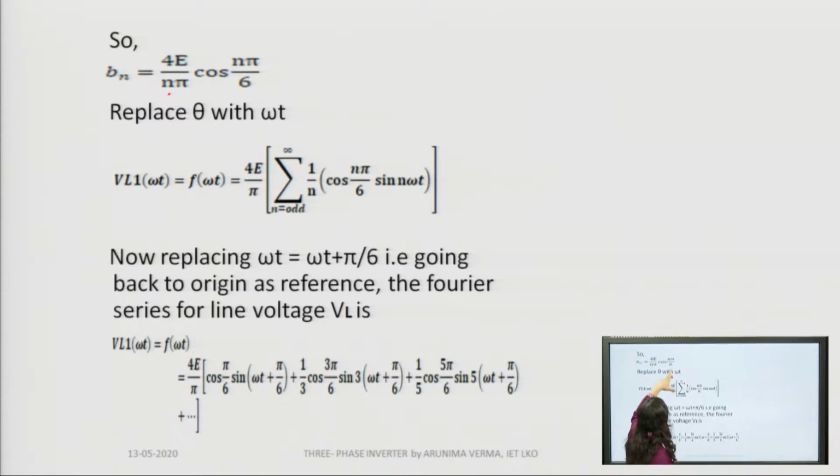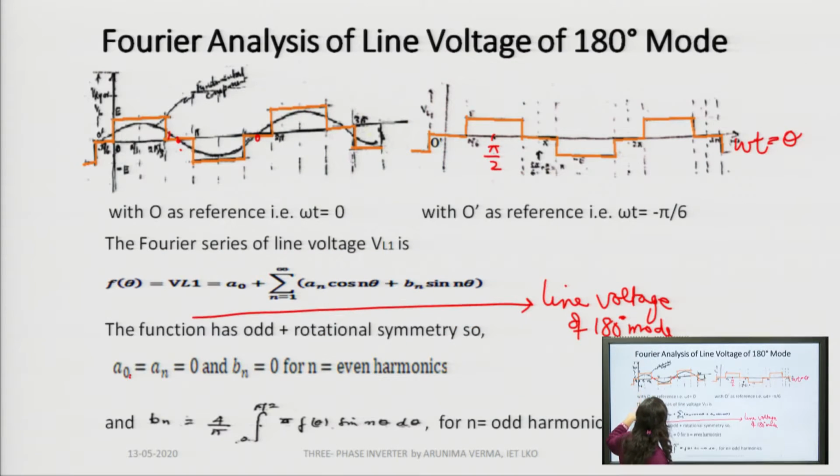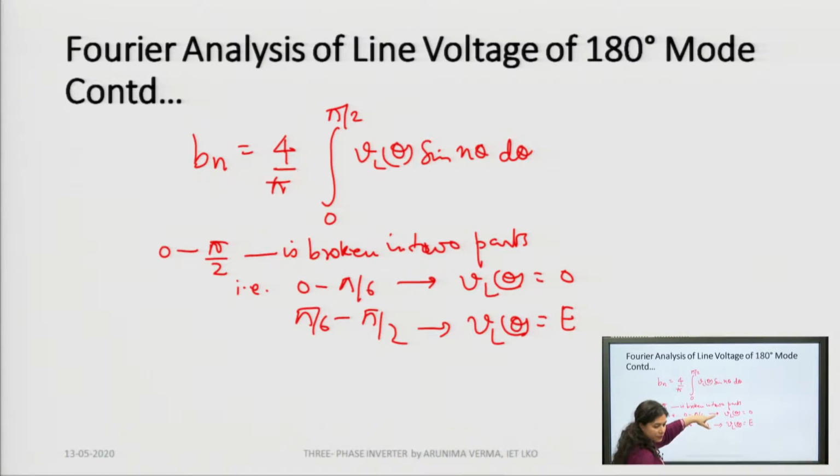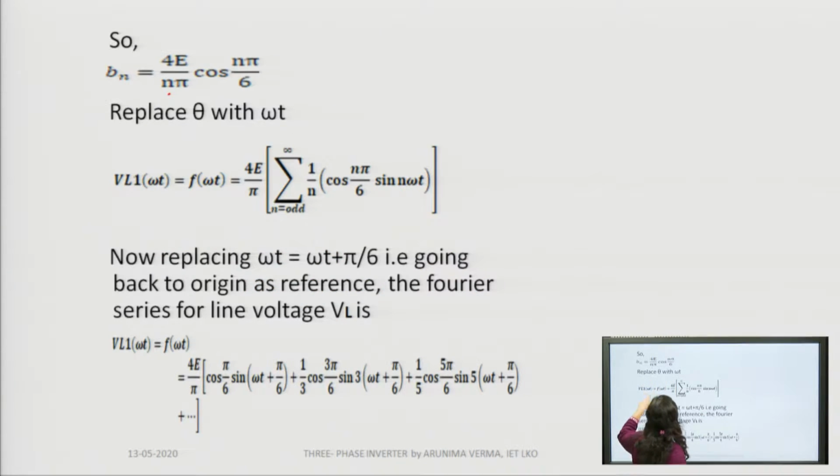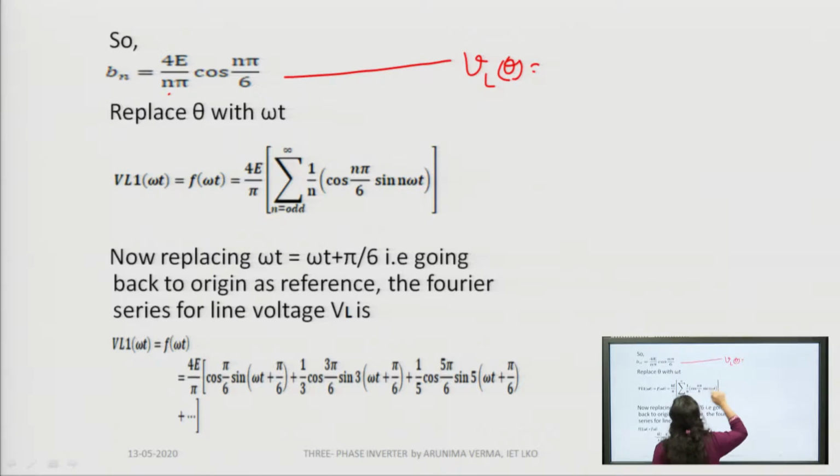Now, we calculated Bn. We will put the same value in this Fourier series and finally calculate VL of theta. So, putting VL of theta as the summation, A0 is 0 and An is also 0, so nothing is left.